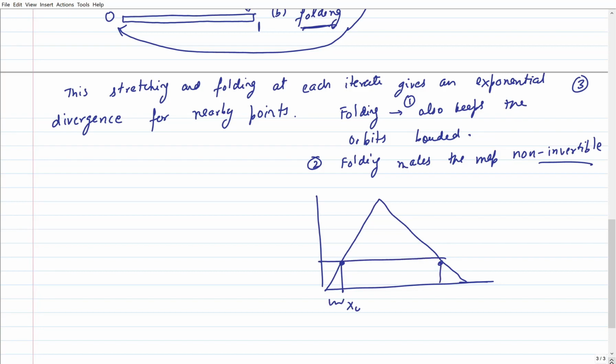These 2 points, x0, x0 prime, get mapped back to the same future point. So this is x1. So in general, this is xn plus 1, and this was my xn. So these 2 points get mapped to the same point, and we break this one-to-one correspondence, and our map is essentially a non-invertible map.